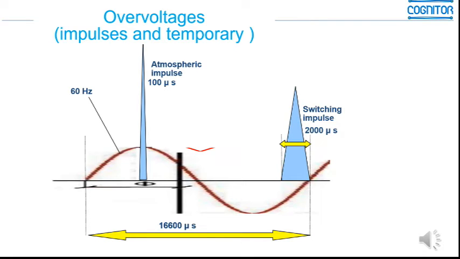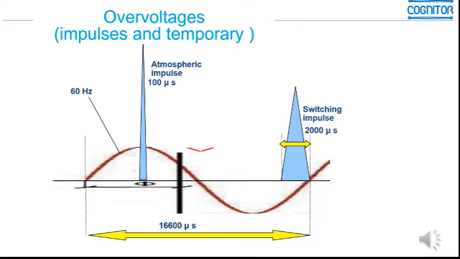We have another visualization of the comparison between the durations, and you see that, for example, for the atmospheric impulse wave, you have a very big wave, but the duration of it is very small. And for the 60 Hertz wave, which is the sinusoid that you can see in the figure, you have a much bigger duration.